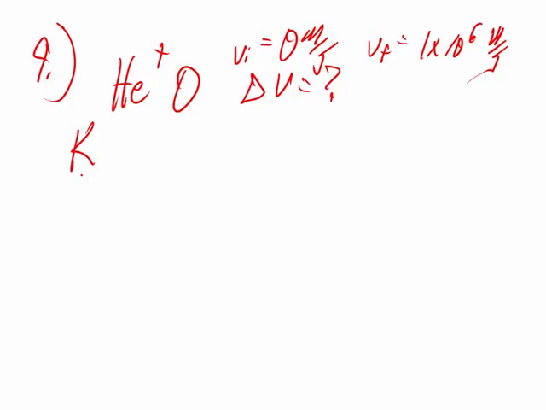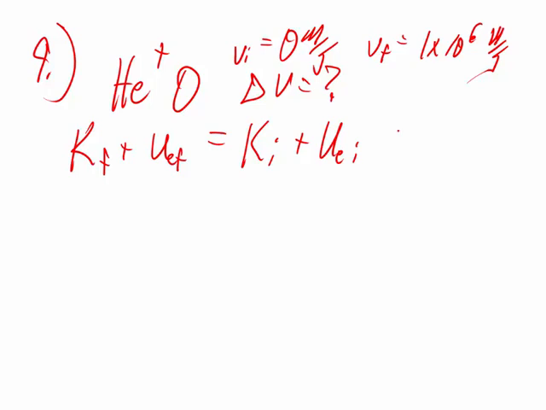So we know that final kinetic energy plus the final electric potential energy is equal to the initial kinetic energy plus the initial electric potential energy.